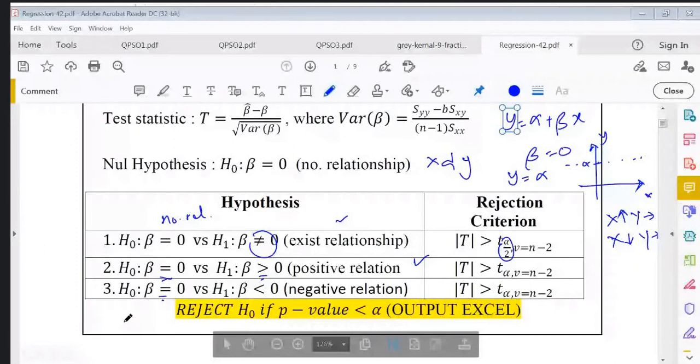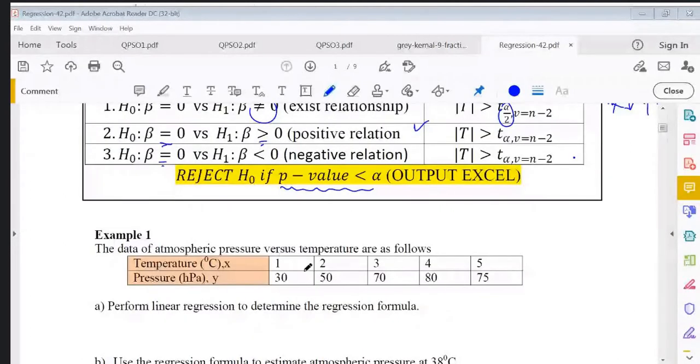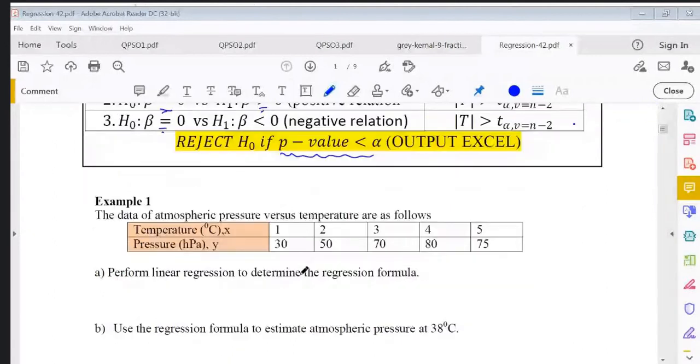Example: the data of atmospheric pressure versus temperature. When temperature is 1, the pressure is 30. When temperature is 2, the pressure is 50, and so on. Perform linear regression to determine the regression line. Try using the calculator.